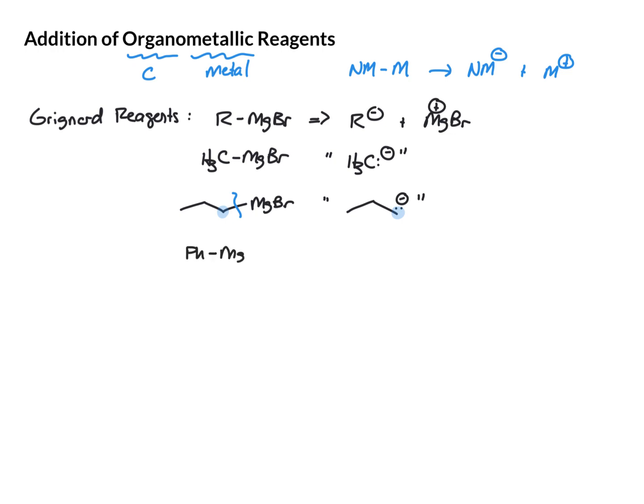And it doesn't even have to be sp3 carbons, so we can see things like phenyl magnesium bromide, which is phenyl minus, and remember phenyl is this aromatic ring. So that's what that looks like. Or we can have even a double bond.